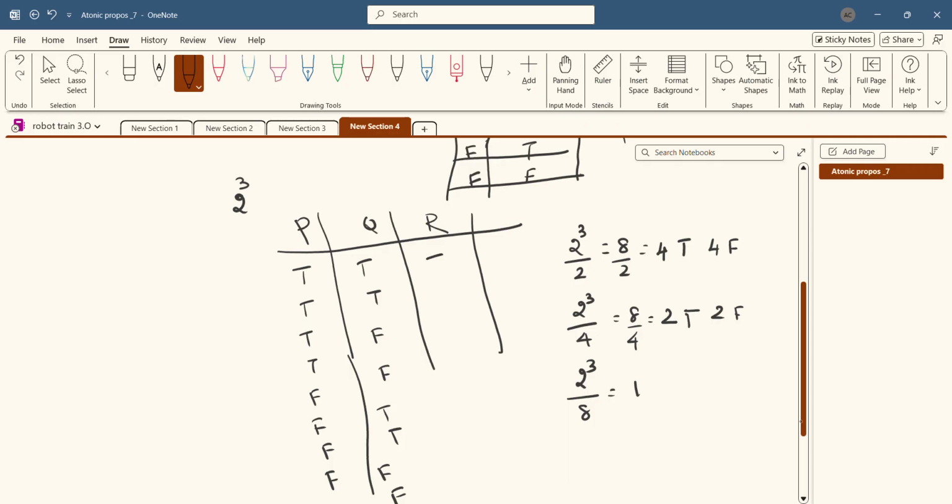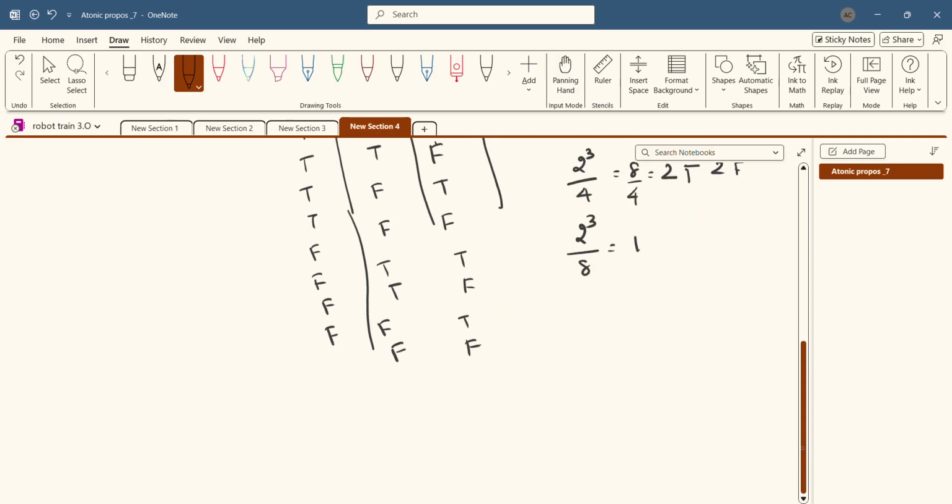So one true followed by one false: true, false, true, false. Likewise, we frame a truth table. Is it clear? If you follow this, it is very easy. So don't change this order. You should stick to this method.